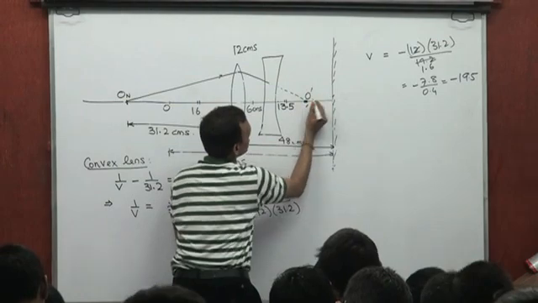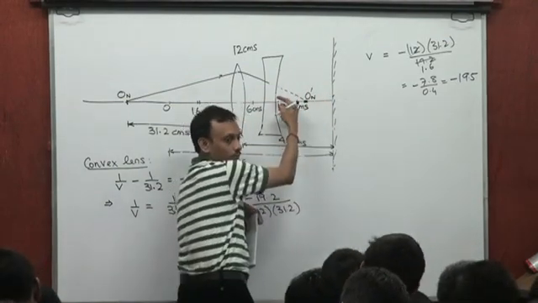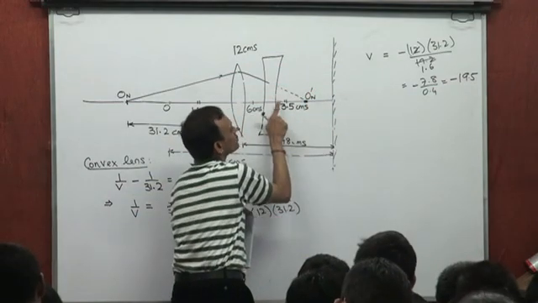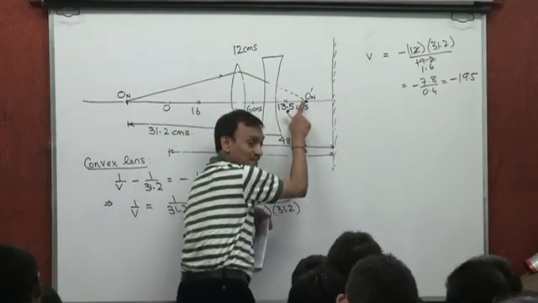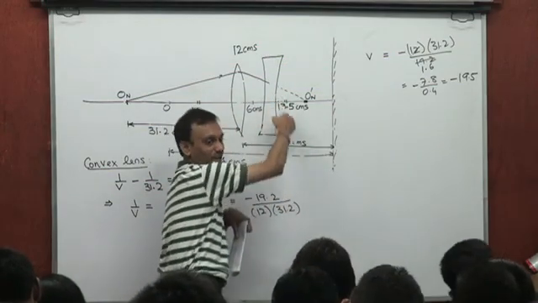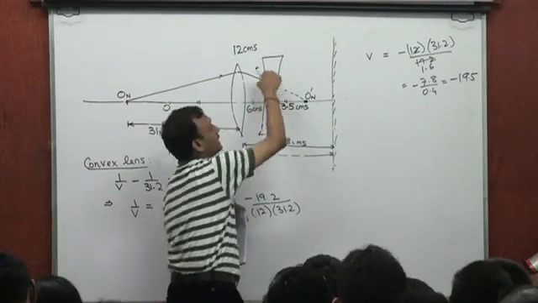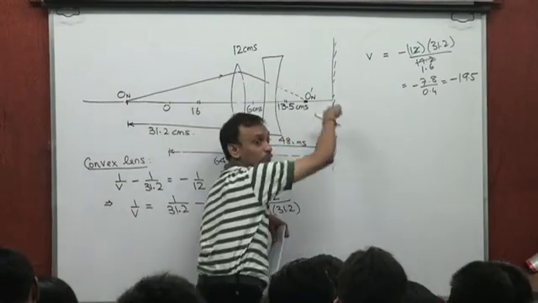You might want to check my calculations. I may have made a mistake, but in any case, if I have done that calculation right, it would have got formed 13.5 centimeters to the right of this lens, if this lens was not there. But this lens is there. This ray of light cannot continue along this path.